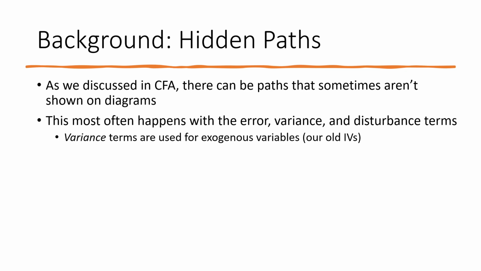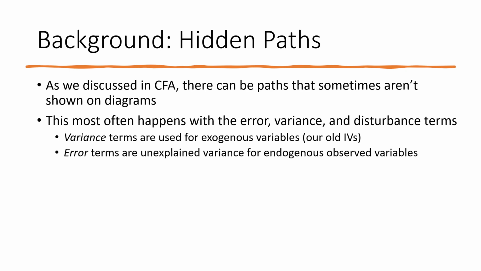So variance terms, now that we have the terminology exogenous and endogenous, are used with exogenous variables, our old independent variables. And these represent the movement in the exogenous variable. Error terms are used for unexplained variance in endogenous variables. If you think about endogenous observed variables, these are variables that have arrows pointing to them and thus we are trying to explain the variance in them.